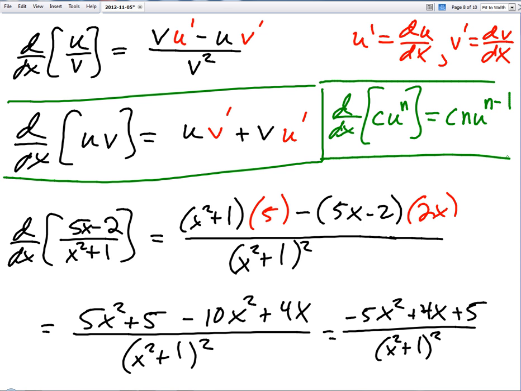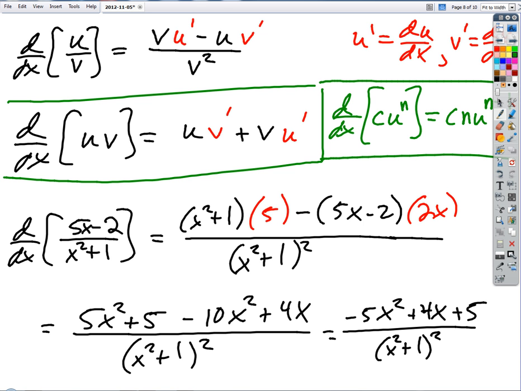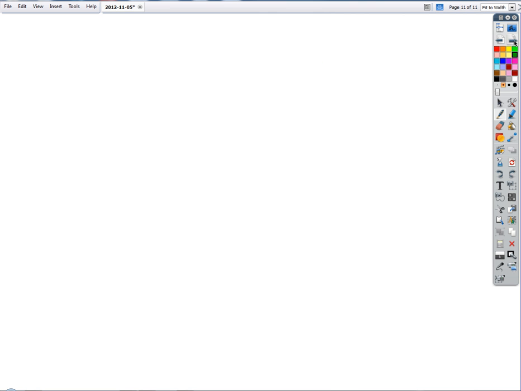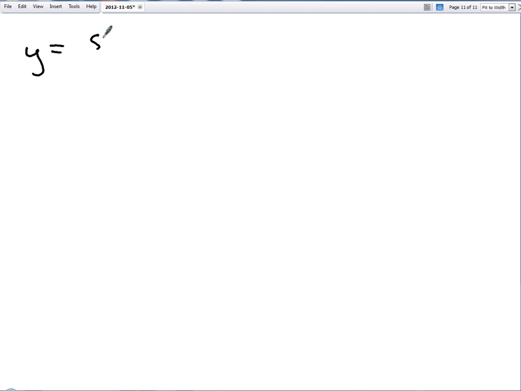So back to our game. Quotient rule or no quotient rule? It's a great game. Okay, if I want to differentiate that and find y prime, is that a quotient rule problem or not?